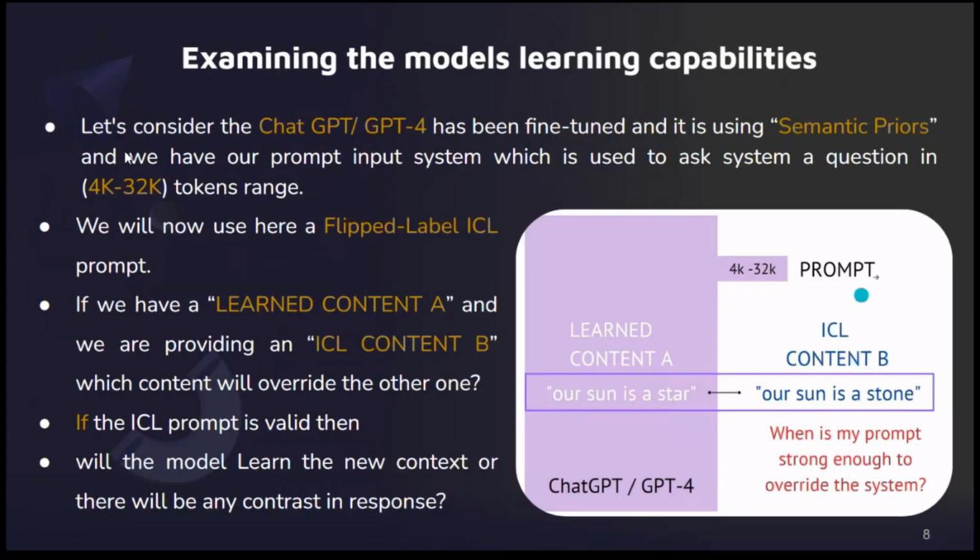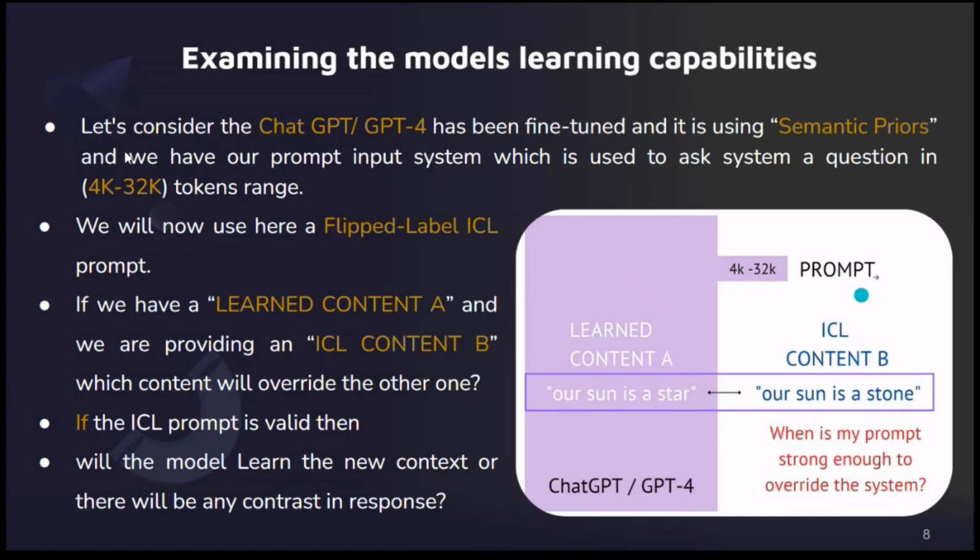And then we have some examining features. Now imagine you are testing a fine-tuned model like ChatGPT. Let's say we are using a flipped label ICL prompt. If we have learned content A and input ICL content B, which content will be picked? Will the model adapt to the new context or show a contrast in response?